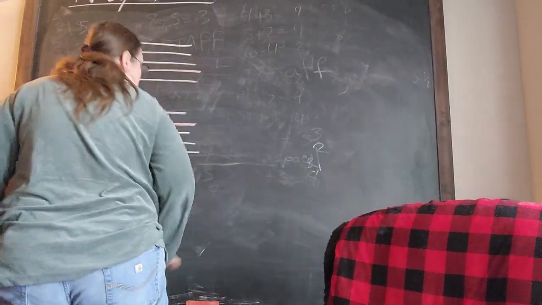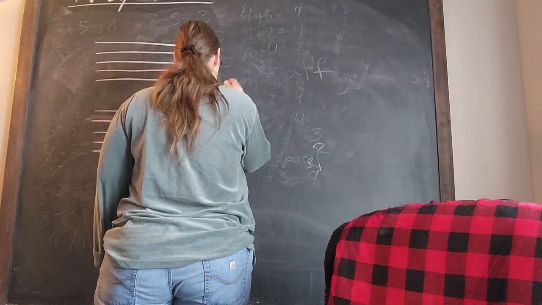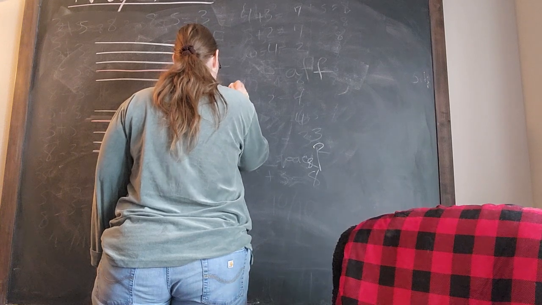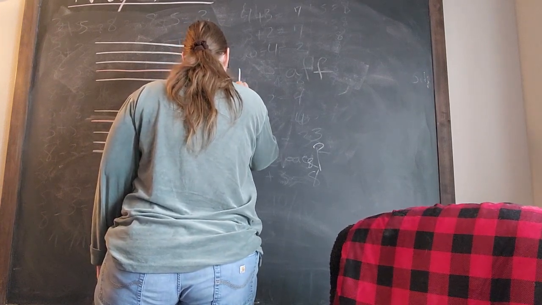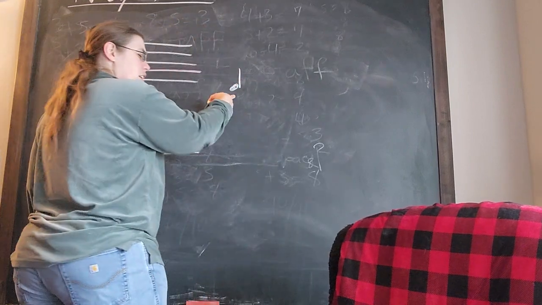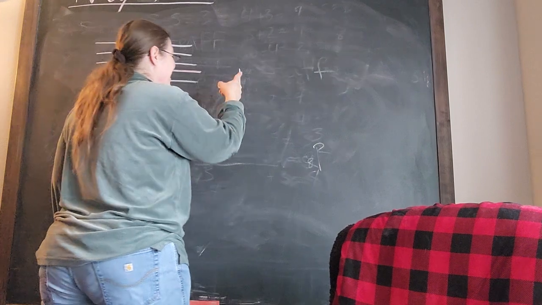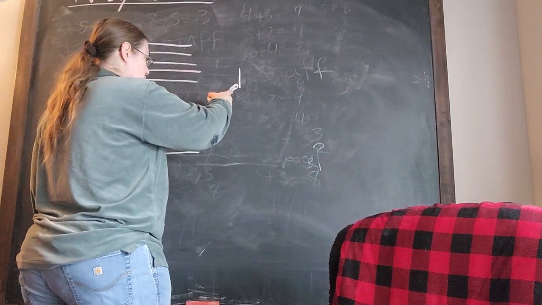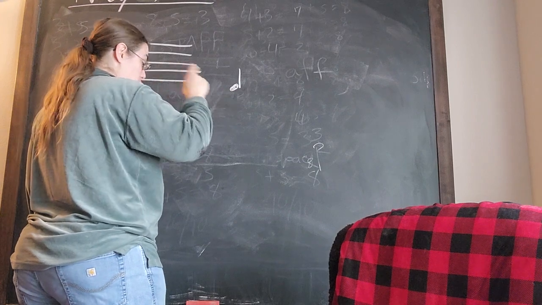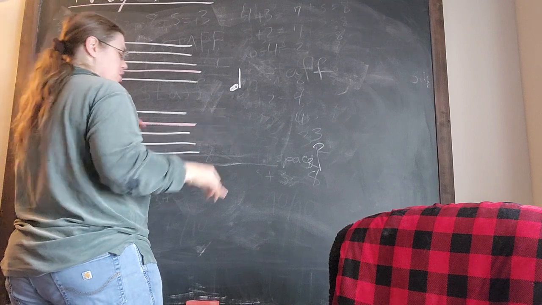So the most common type is this one. And this is called a quaver. No, it's a crotchet. This is a crotchet or a quarter note. This is very common. We're going to discuss more about these in the next big section.